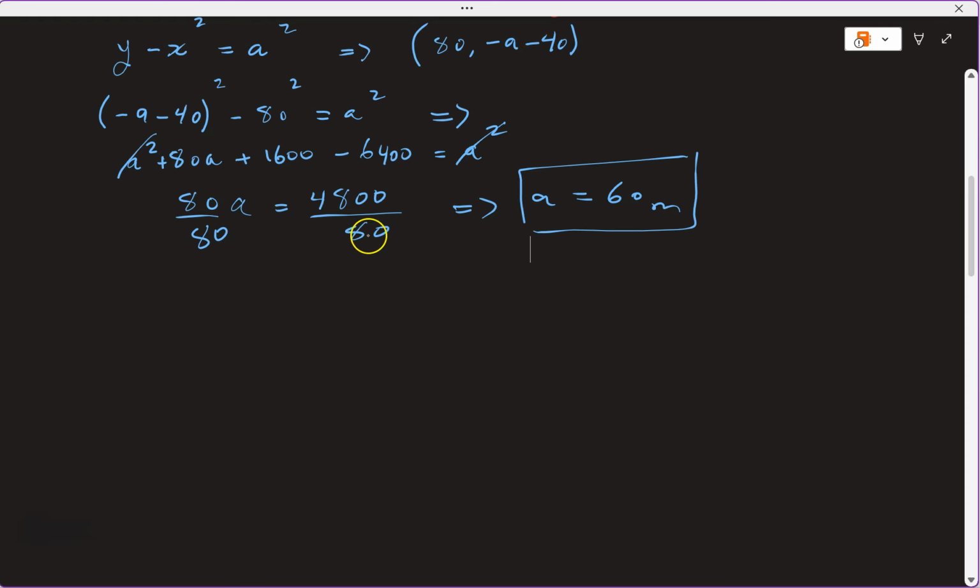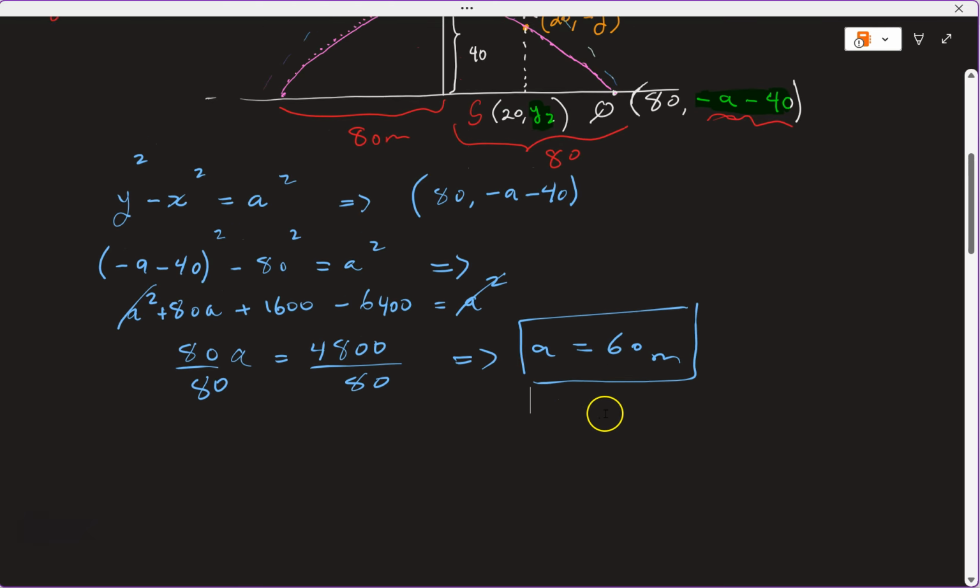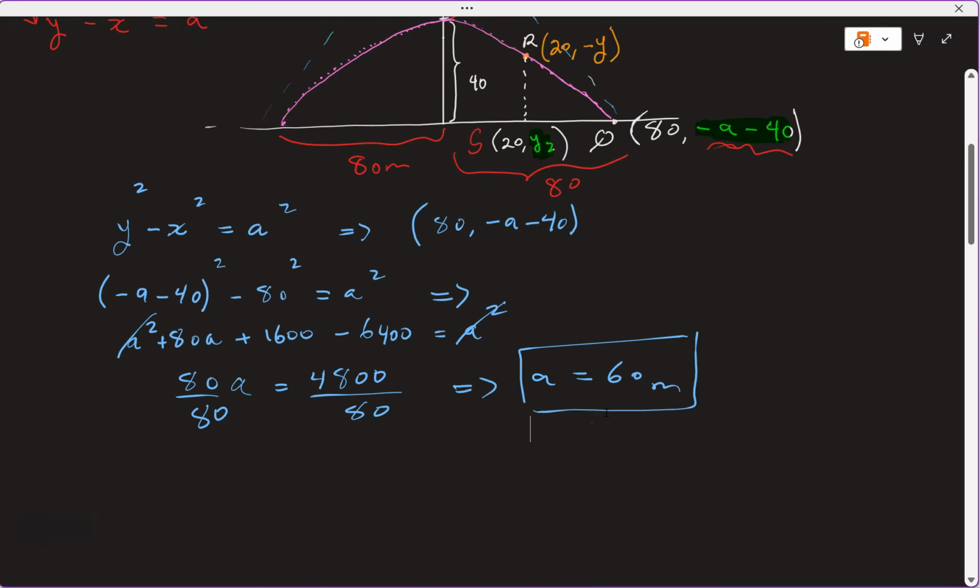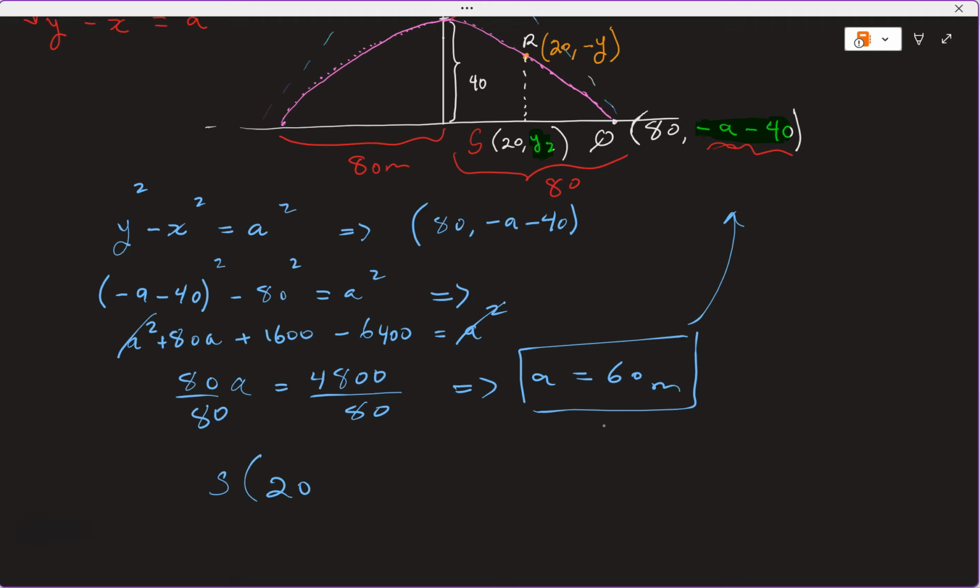Fantastic. Now that we have that, we know the coordinates. We can go ahead and plug in numbers for the coordinates because now we can find what coordinate Q and coordinate S is. So the S coordinate will be 20 comma, and then negative 60 minus 40, so S will be 20 comma negative 100. And what is Q?